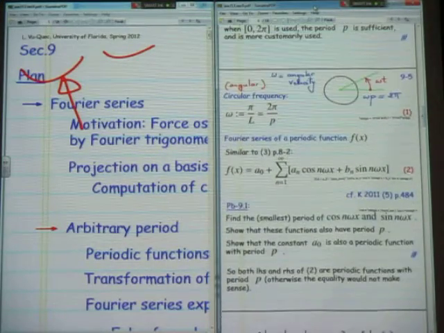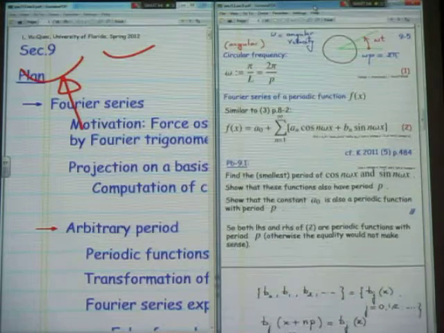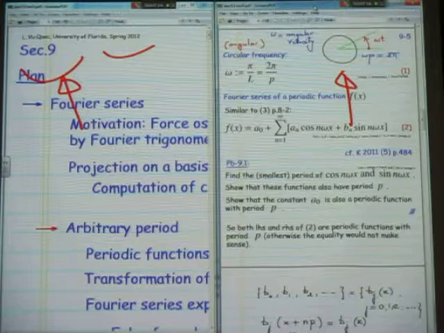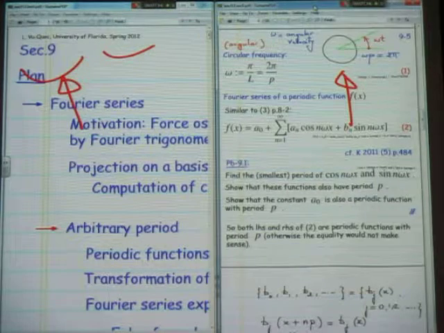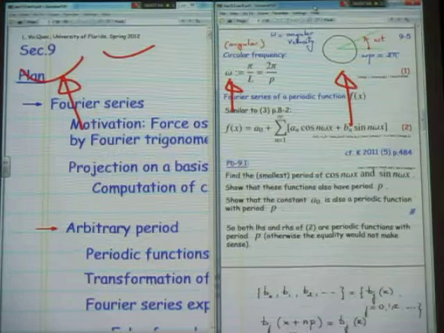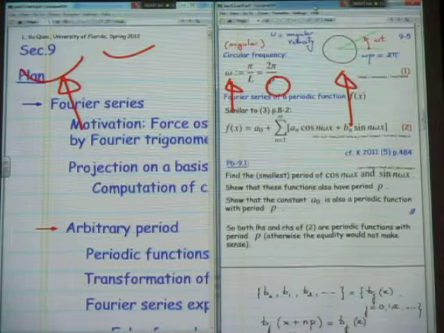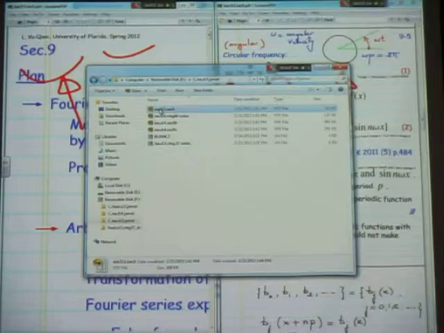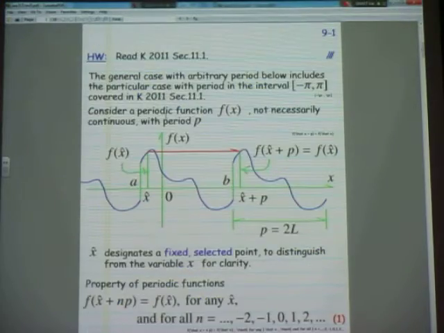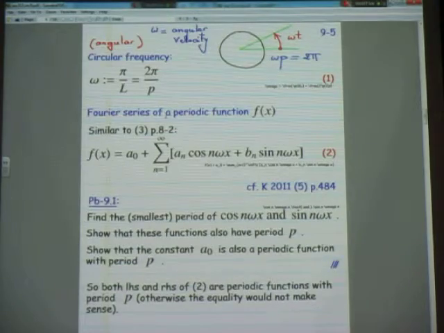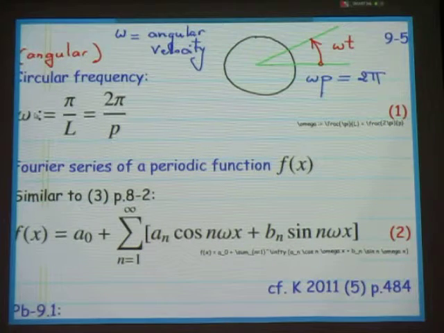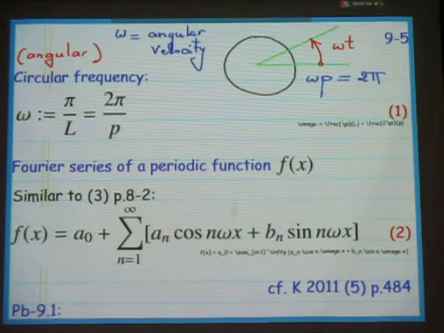Here I have already explained in the last lecture how to remember the relationship between the circular frequency and the period. Okay, let me use a middle window to zoom in. All right. So we are back to the end of the last lecture.